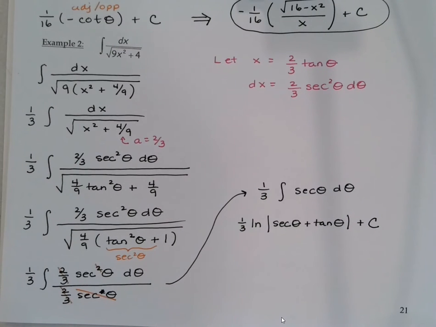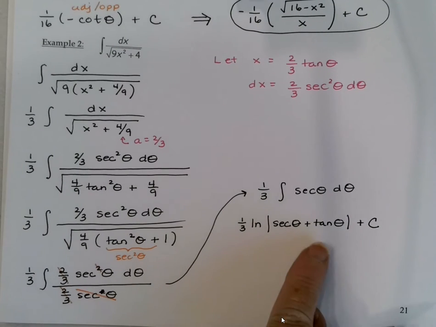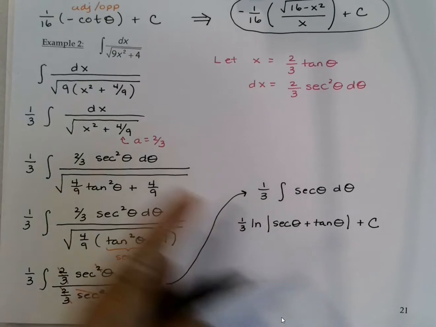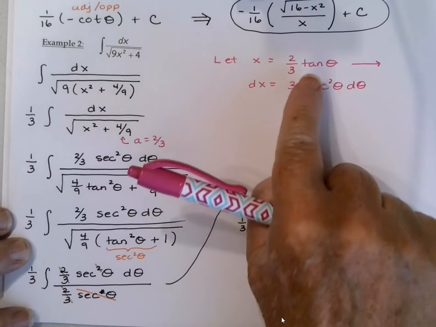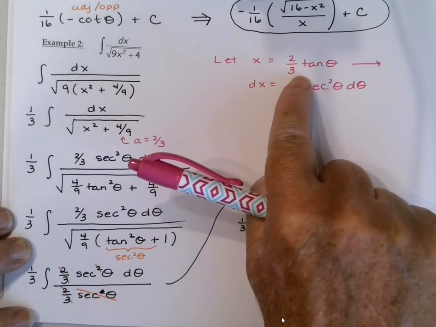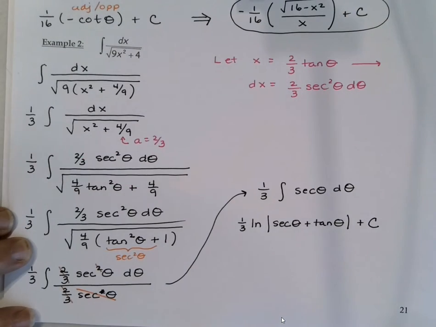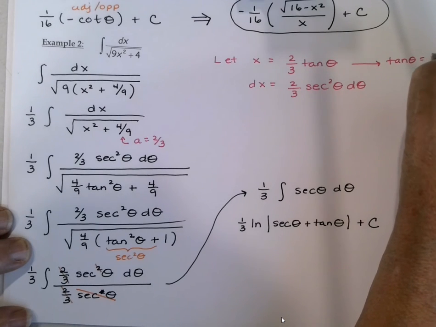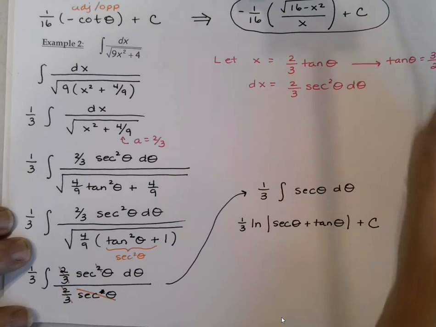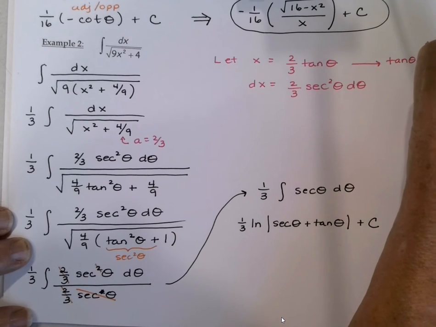And then I'm back to that same issue again. I know that I don't really want thetas in my answer. This problem was given in terms of x. So let's go back and think about our triangle. I can see here that if I were to solve for tangent theta, I'd have 3x over 2. And that's going to be the opposite over adjacent.